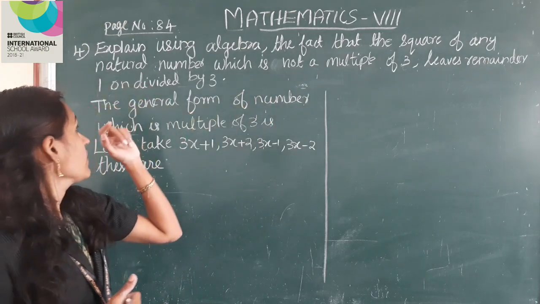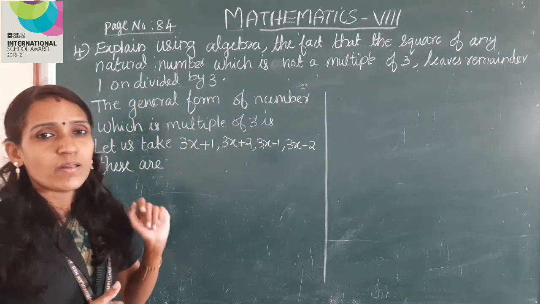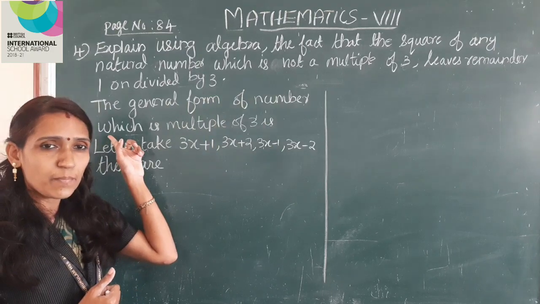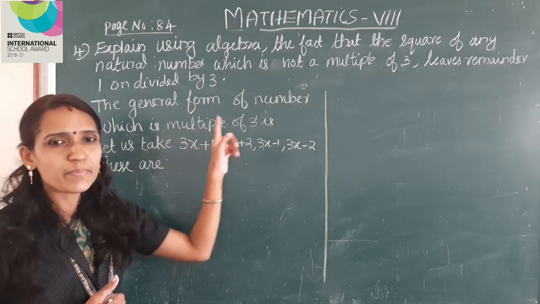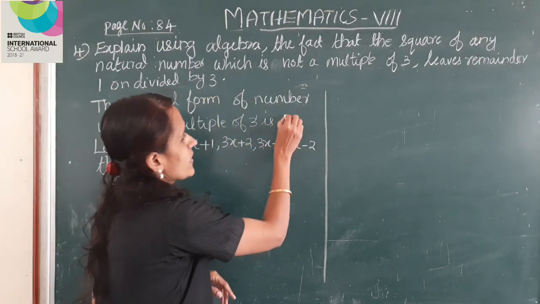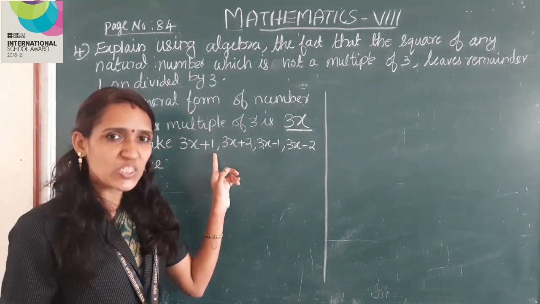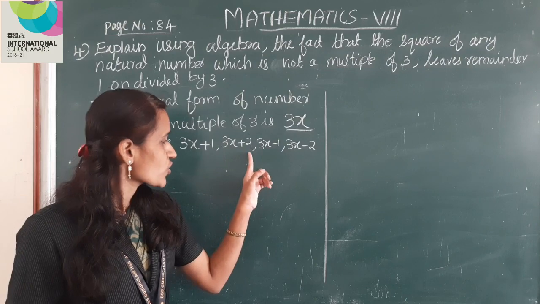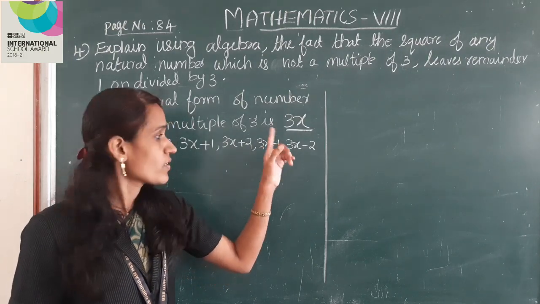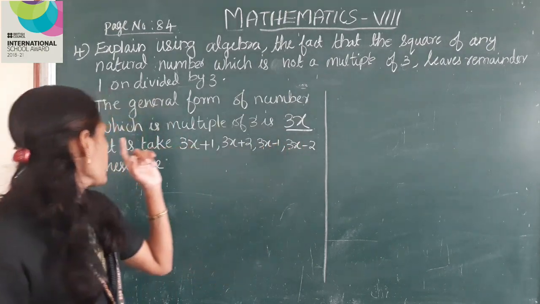Okay, here the general form of a number which is a multiple of 3 is 3x. Let us take 3x plus 1, 3x plus 2, 3x minus 1, 3x minus 2.